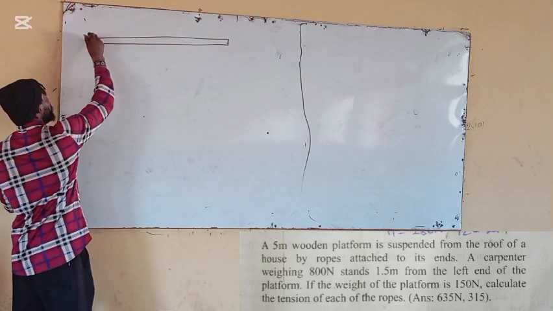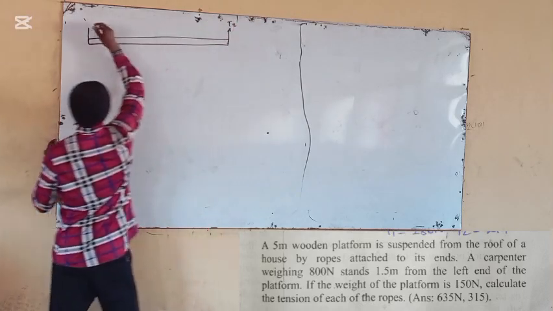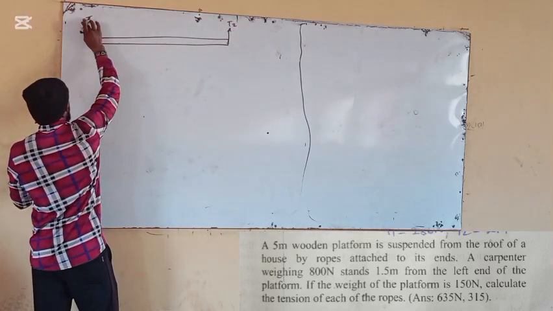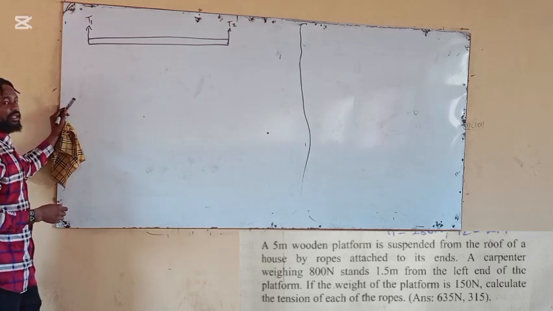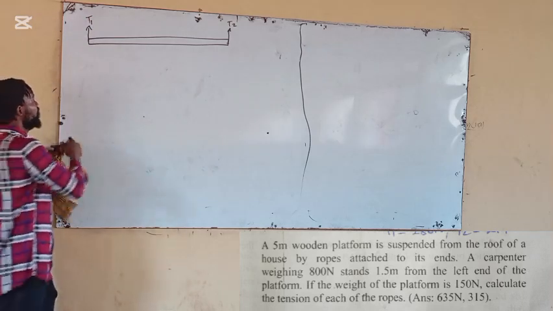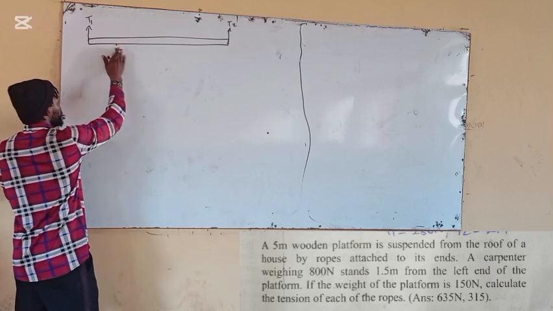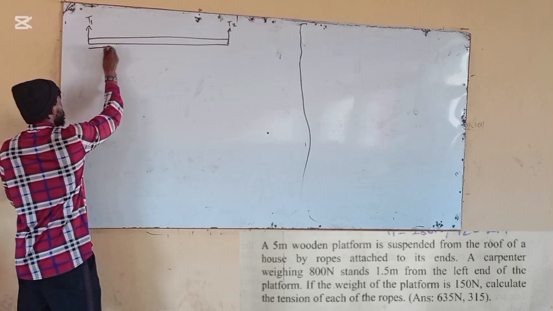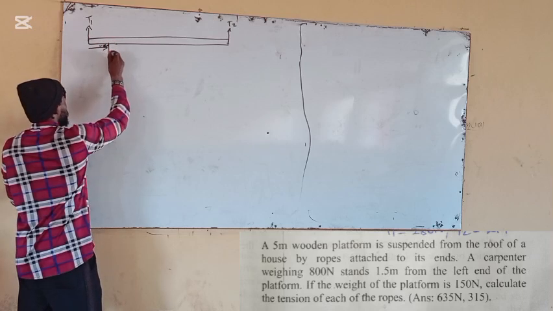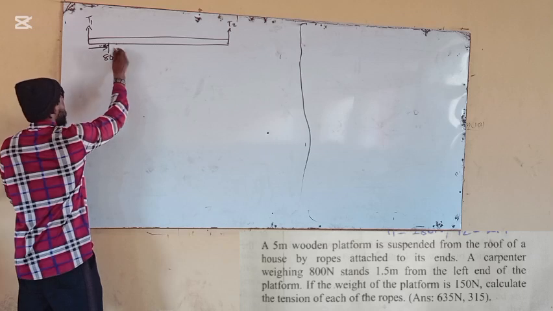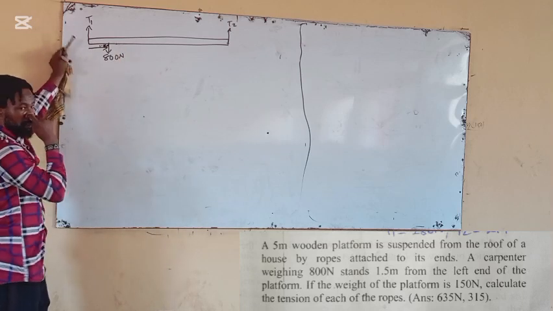Once you hear rope attached to any point, know that there will be tension on that rope. The carpenter weighing 800 N stands 1.5 meters from the left end of the platform. If the weight of the platform is 150 N, calculate the tension in each rope.